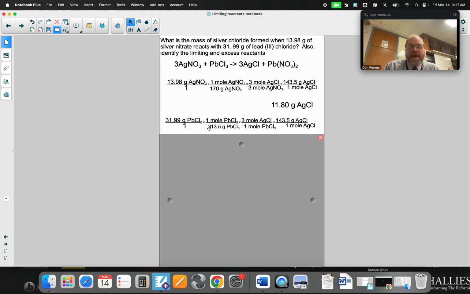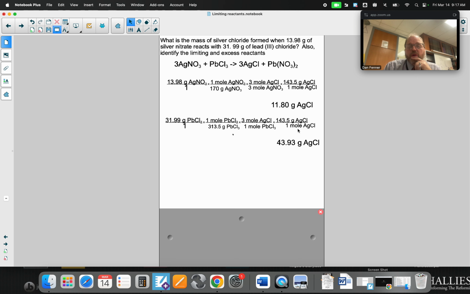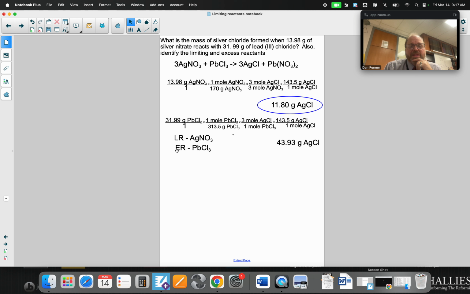Formula mass, 313.5 is 1 mole. It's 1 to 3, so 3 over 1, same value. Answer is 43, which is larger. So therefore, this is my answer, and my limiting reactant is AgNO3, excess reactant PbCl3. Hopefully that wasn't too bad.